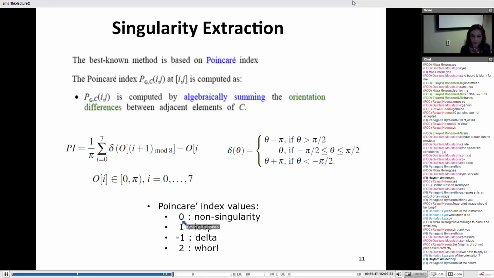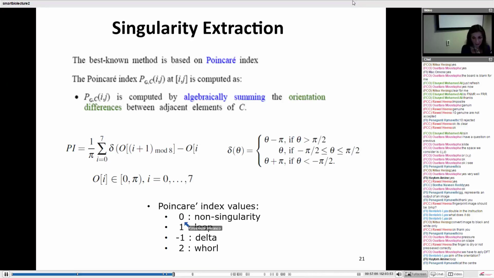What about the meaning? So after this computation, what is the meaning of the values? How many possible values can we have? If the result is 0, then there is no singularity, right? We are computing differences in orientation.